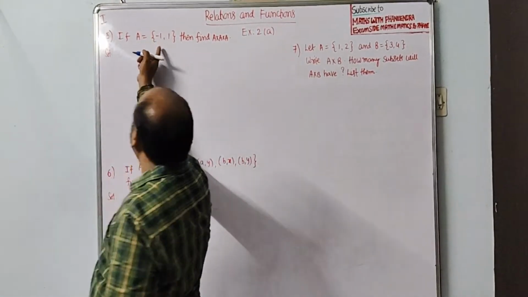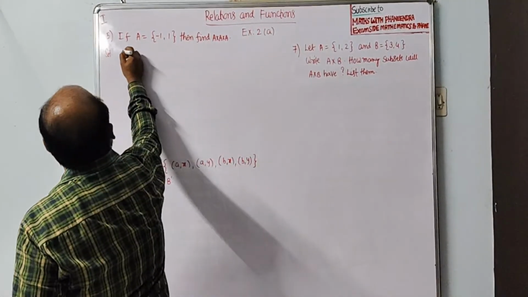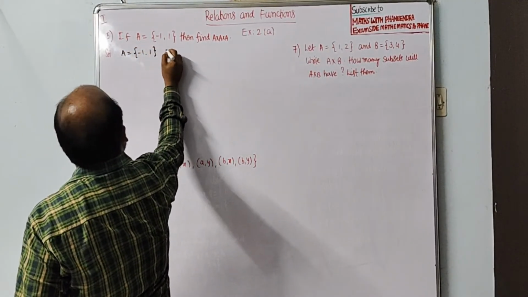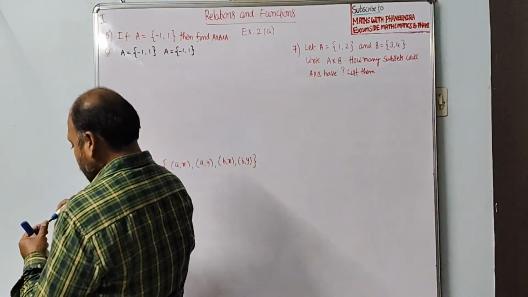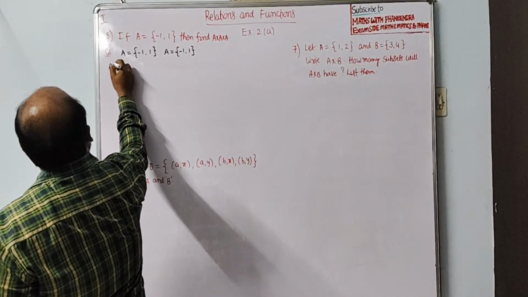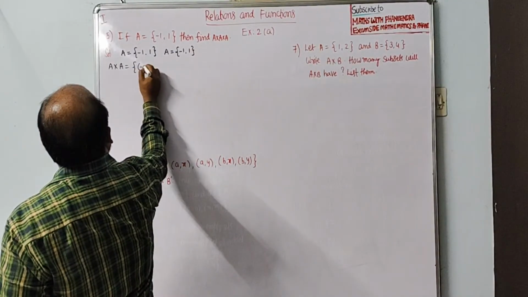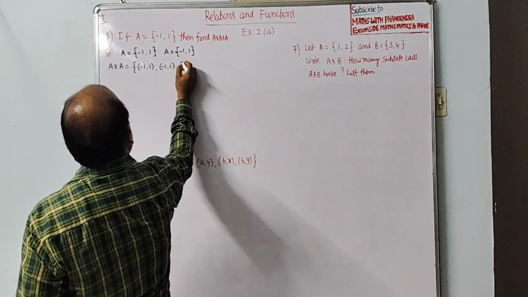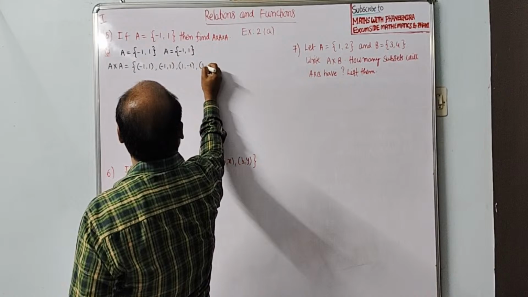See, A equal to {-1, 1}. First A cross A, write it here. A equal to {-1, 1}, again A is {-1, 1}. So first calculate A cross A. A cross A equals (-1, -1), (-1, 1), (1, -1), (1, 1).